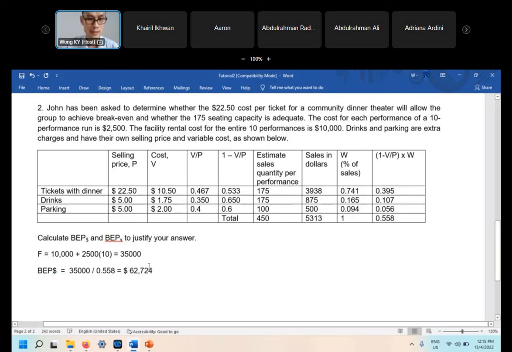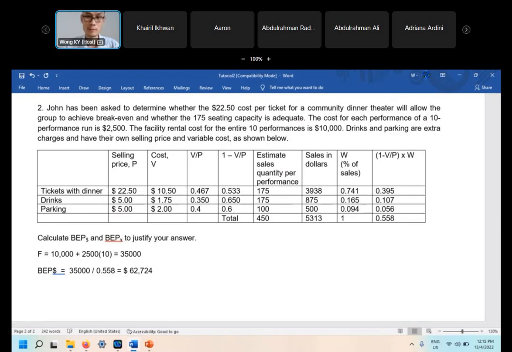So is this amount of dollars enough to break even? Okay, no. Why no? Okay, how to see yes or no? You must look at this total. For total sales in dollars, at the moment is 5313.